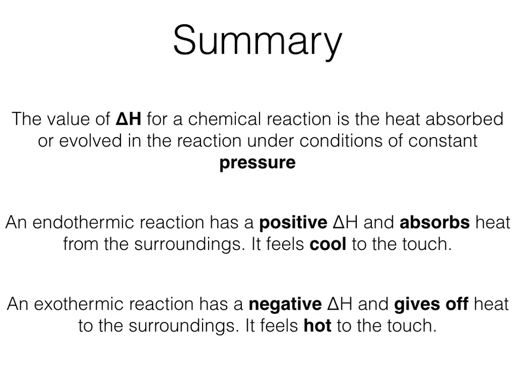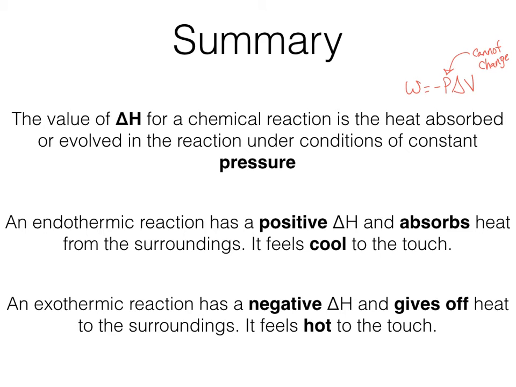So exothermic reactions have a negative delta H. Okay, to summarize, the value of delta H for a chemical reaction is the heat absorbed or evolved when the reaction occurs under the conditions of constant pressure. Remember that work equals negative P delta V, and so that means that our pressure cannot change.